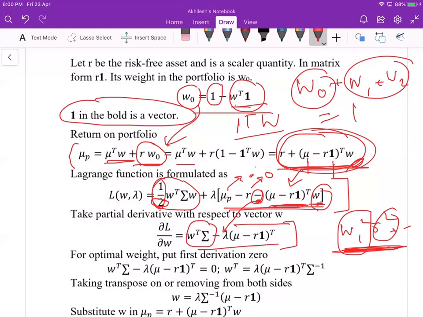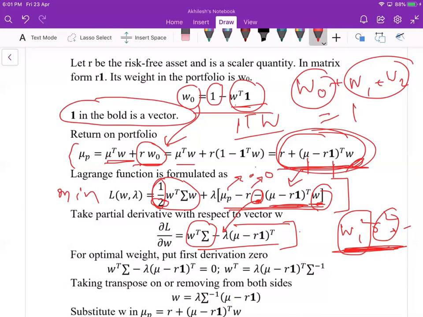So here we got the first derivative and we'll put the first derivative to 0 to get the optimal value. Here the idea is to minimize the variance. Okay, so here we'll put this equal to 0. For the optimal value, put the first derivative to 0. When you put this value to 0, you'll get W transpose is equal to lambda into mu minus R1 transpose and sigma inverse.